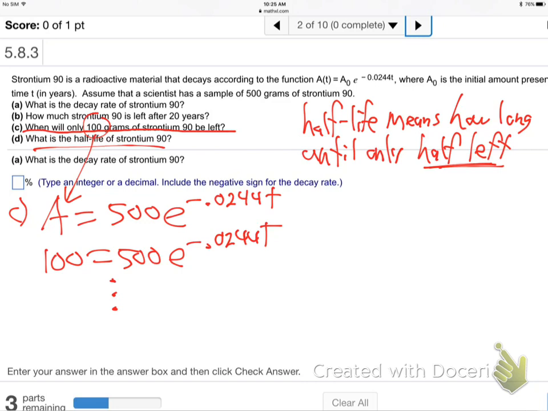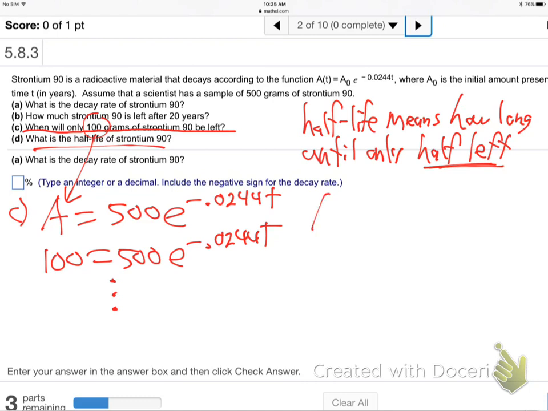How long till half of it goes away? So if you have that strontium 90, how long will it take till half of it has decayed away? That's what half-life means, we're going to use that a lot in the problems to come. They'll give you the half-life, or in this case they're asking us for the half-life of some compound. So the half-life of the radioactive strontium 90, what is it?